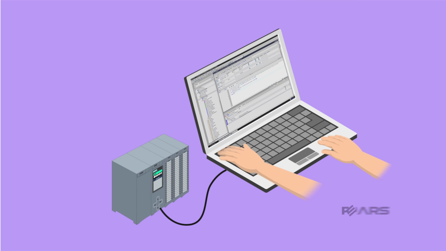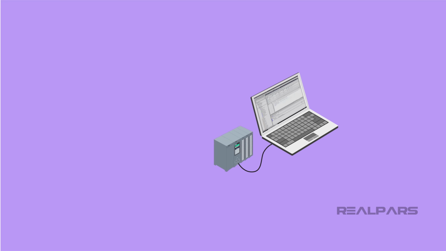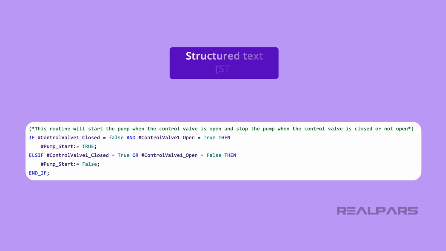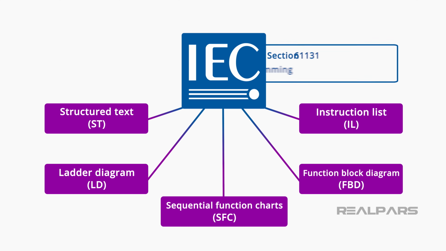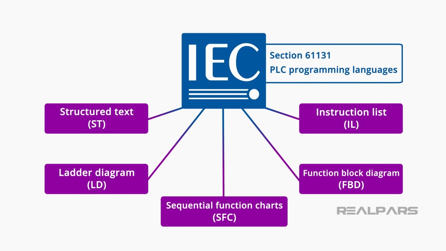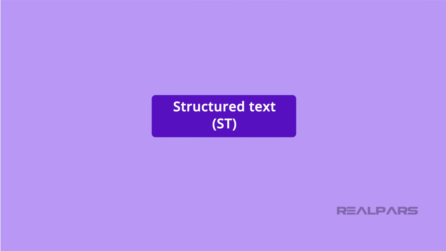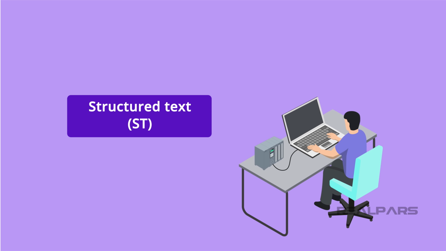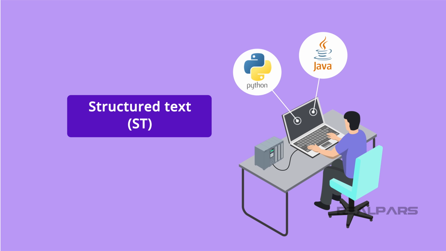In this video, we are going to discuss the basics of PLC programming utilizing structured text. As one of the IEC 61131 PLC programming languages, structured text, or just ST, is based on and resembles traditional programming languages like Python or Java.